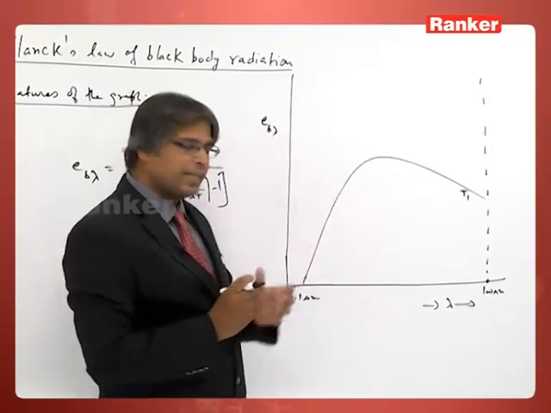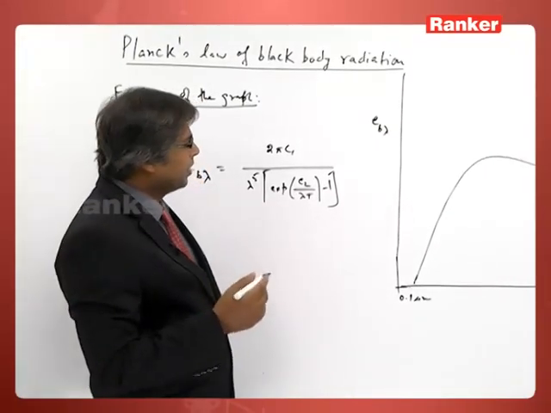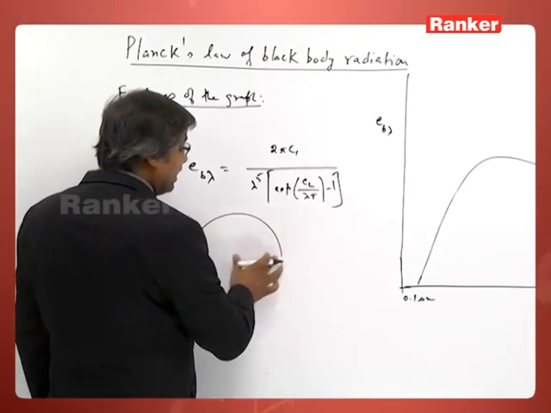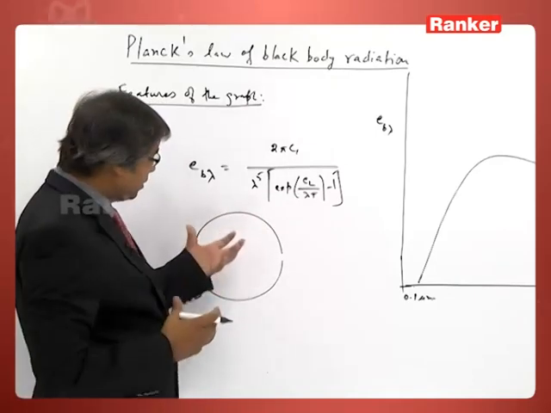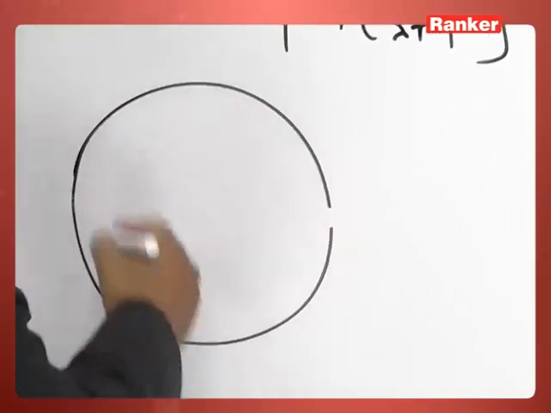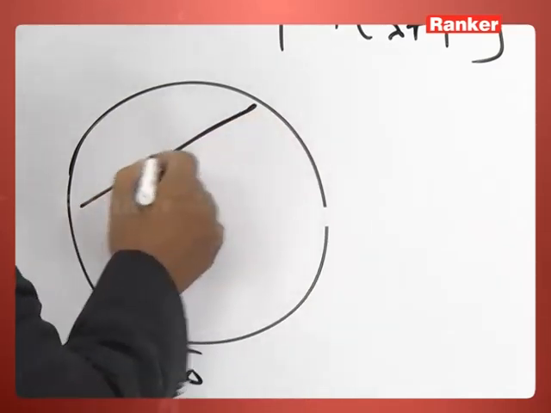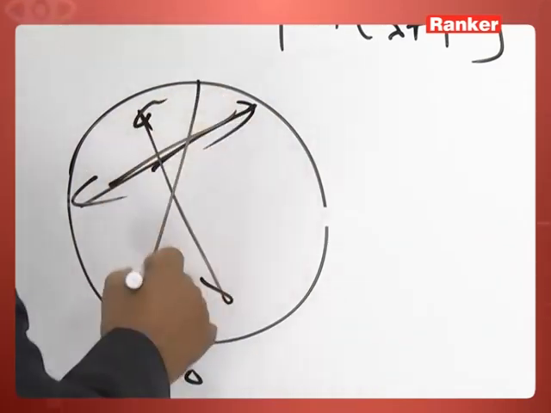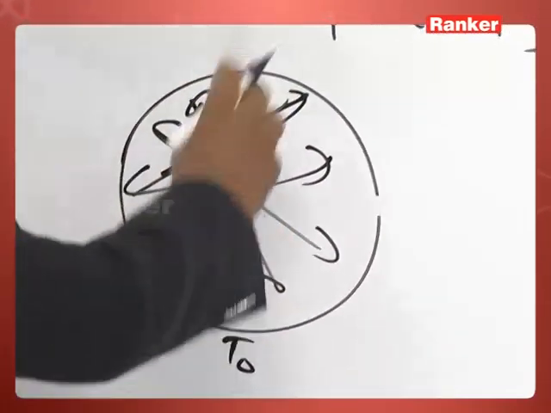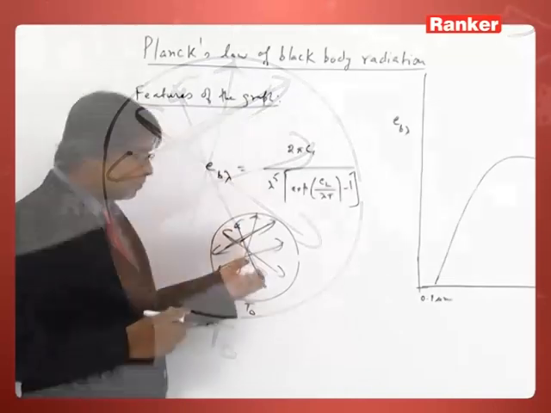Now, you see this graph is very similar to the distribution of molecular velocities, and the idea is that if we have a black body, just imagine a Ferry's black body enclosure, and if we heat it and keep it at a temperature T naught, radiation is moving inside this, and so there are photons or the quanta of energies which are in thermal equilibrium, and just like a gas, these quanta of energy are moving.